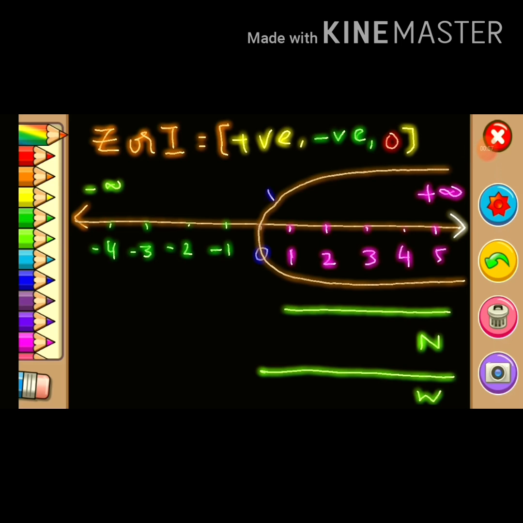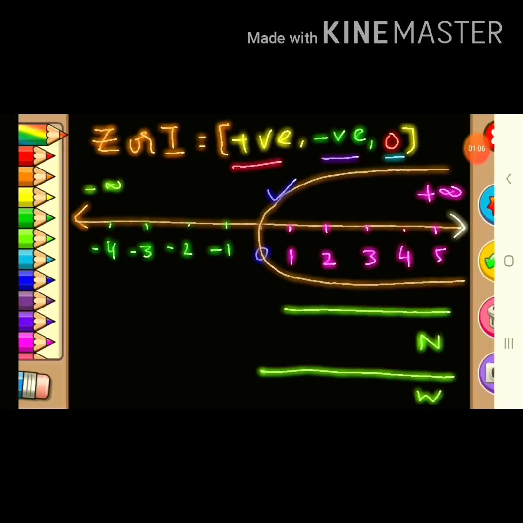Here this is a set of whole numbers, and integers include positive, negative as well as 0. Rational numbers and irrational numbers can also be represented on the real number line. This is the real number line. They lie in between the integers. In exercise 1.1, we will learn how to represent rational and irrational numbers on the number line.